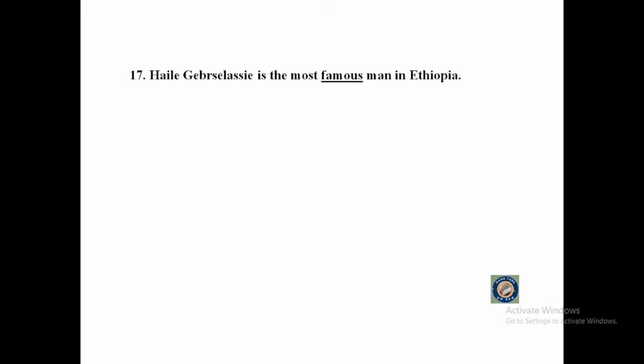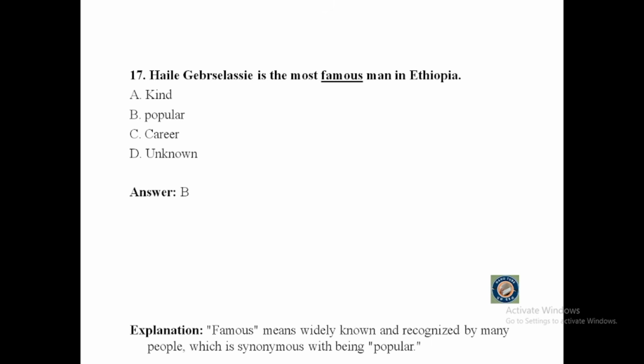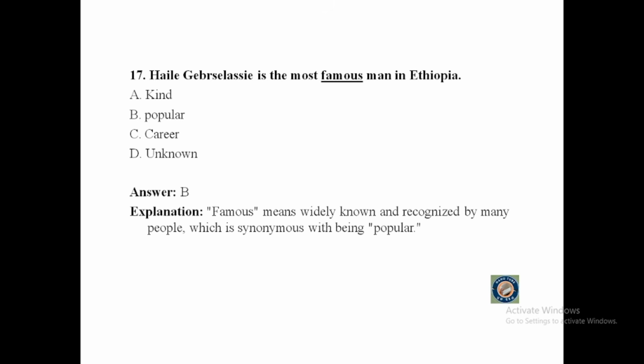Interesting. Question number 17. Haile Gebrselassie is the most famous man in Ethiopia. What does the word famous mean according to this sentence? A. Kind. B. Popular. C. Career. Or D. Unknown. The answer is popular. Famous means widely known and recognized by many people, which is synonymous with being popular.